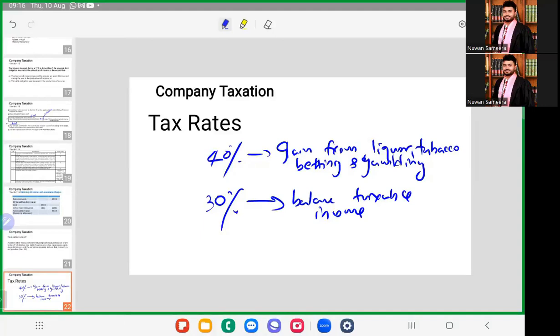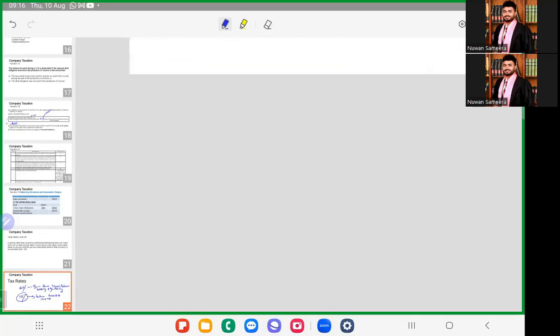There is no such classification now. All the companies should be taxed at 30% other than the gain from liquor, tobacco, and betting and gambling. That's all about the company tax rate.